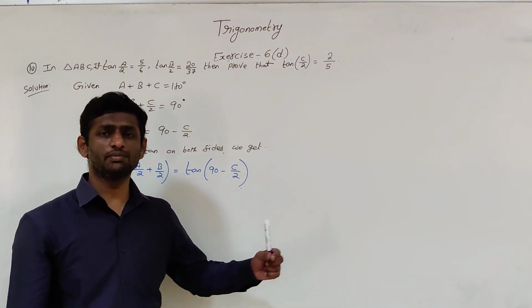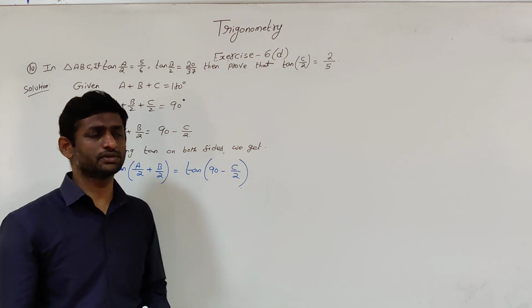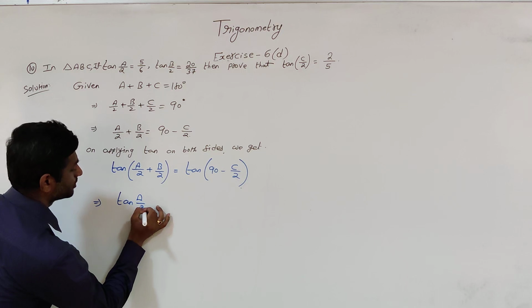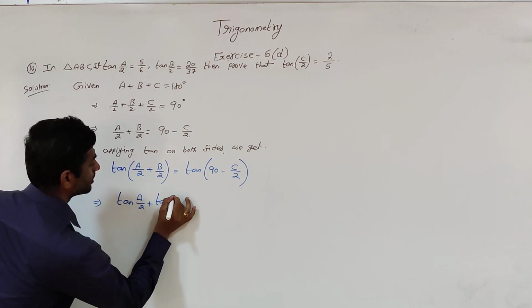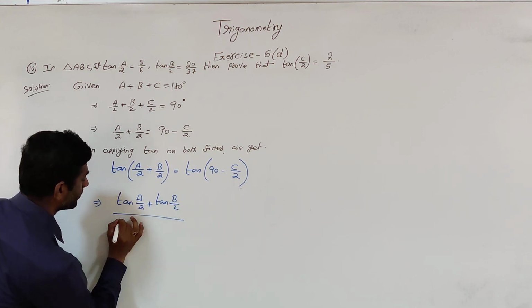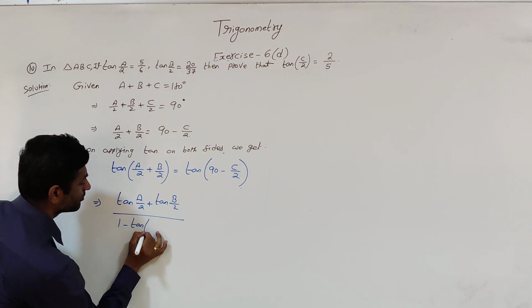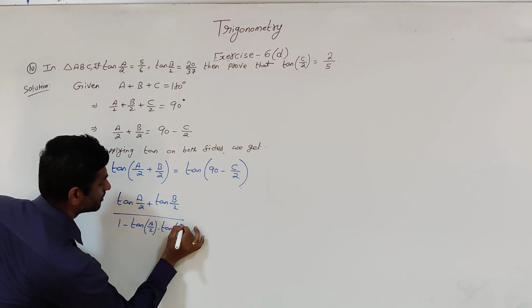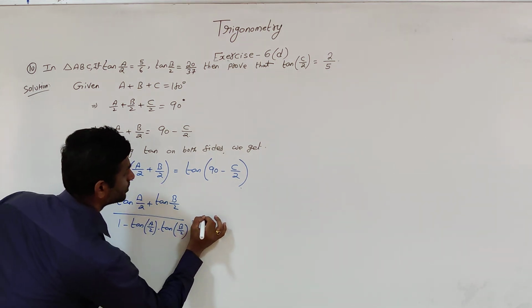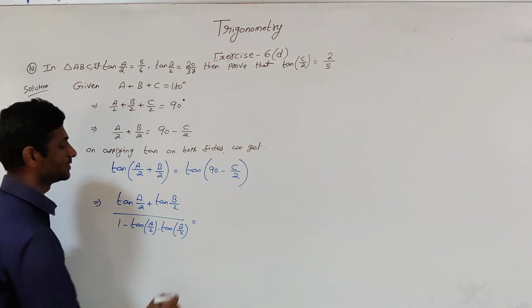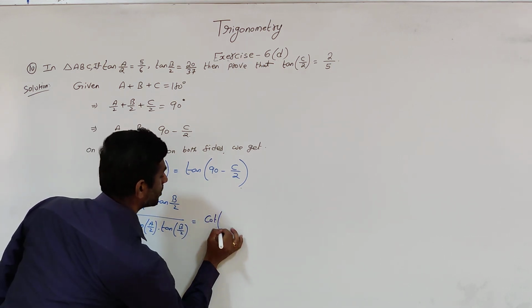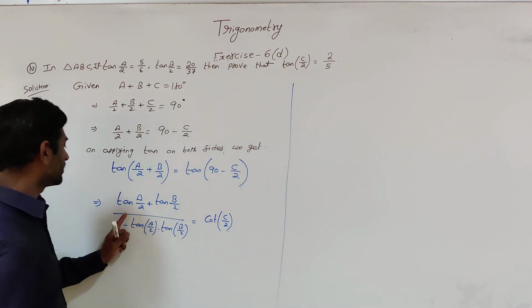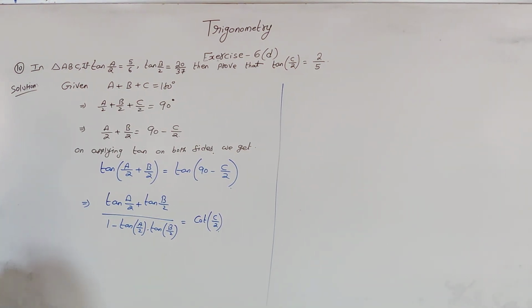Tan A plus tan B by 1 minus tan A tan B. So if you substitute, tan A by 2 plus tan B by 2 by 1 minus tan of A by 2 into tan of B by 2 is equal to tan of 90 minus theta, which gives cot of C by 2. Now substitute the values of tan of A by 2 and tan B by 2 wherever necessary.